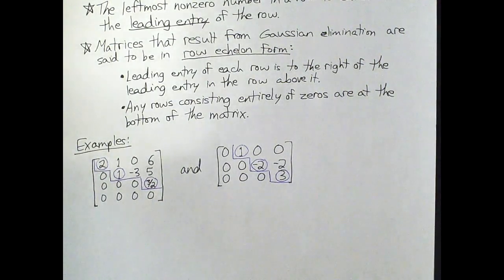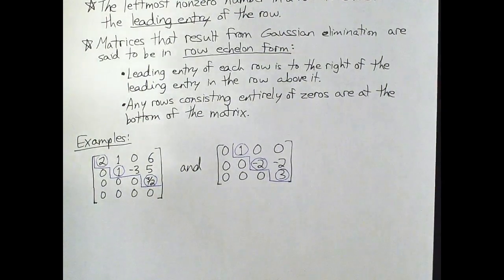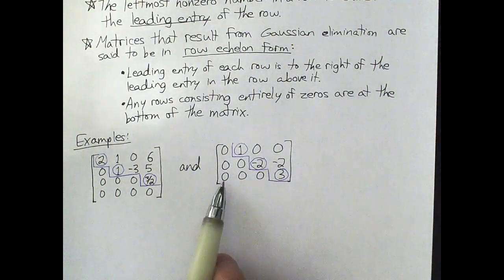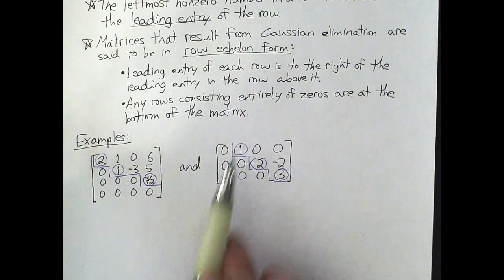Now, we like matrices that are in row echelon form because we can quickly use back substitution to find solutions to a system. Or, by the way, another thing is we can quickly see if the system is inconsistent. Let me explain what I mean. Look at this second one here.